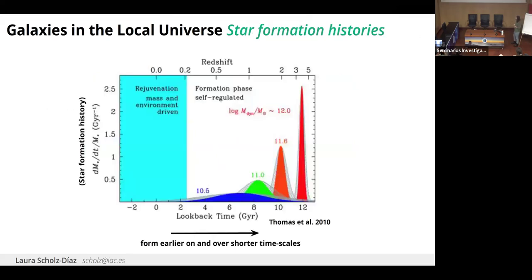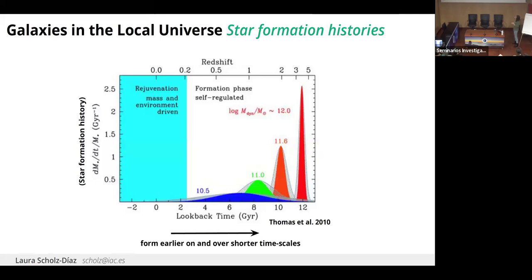When we look at the star formation histories, this would be the specific star formation rate, so star formation rate divided by stellar mass, as a function of lookback time. This would be earlier times, and this would be redshift 0. What we see if we separate the galaxies into different masses, for example, the galaxies plotted with red colors, is that they have a very high peak of star formation at earlier times that is also very short in time.